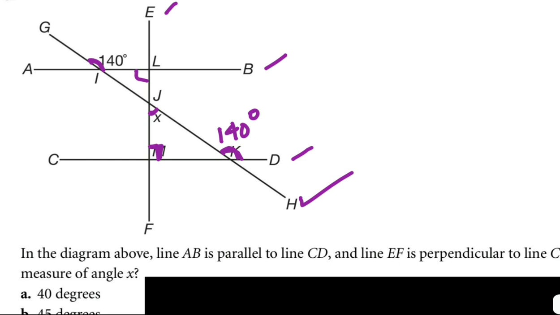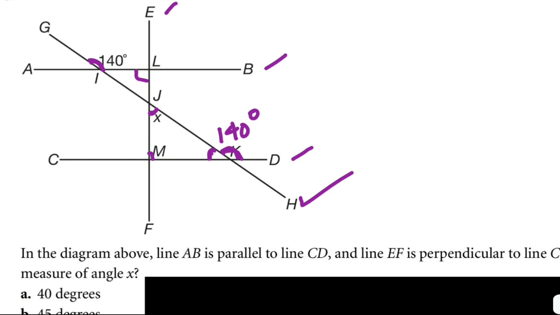Then angles JKD and JKM, where is M here? Okay, that one. JKM, this one is JKM. All right, so angles JKD and JKM form a line.